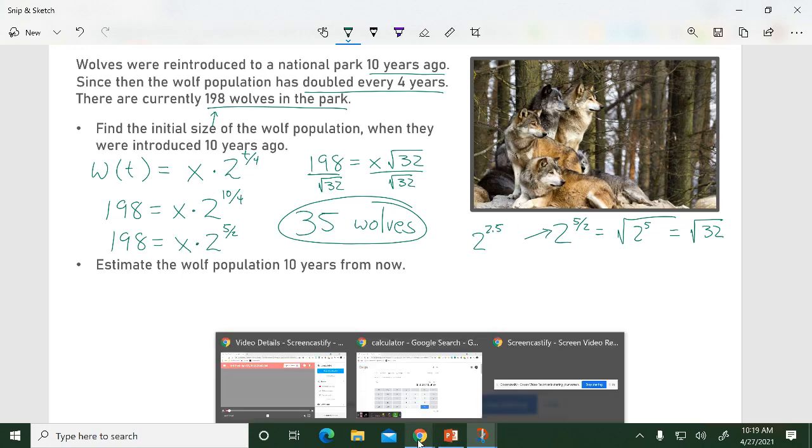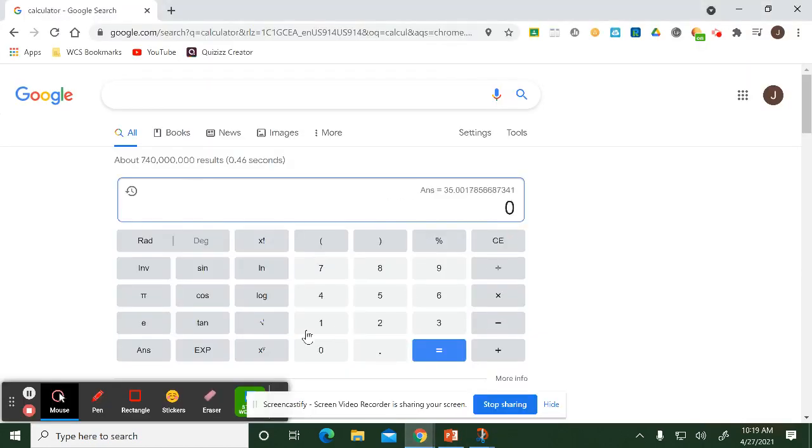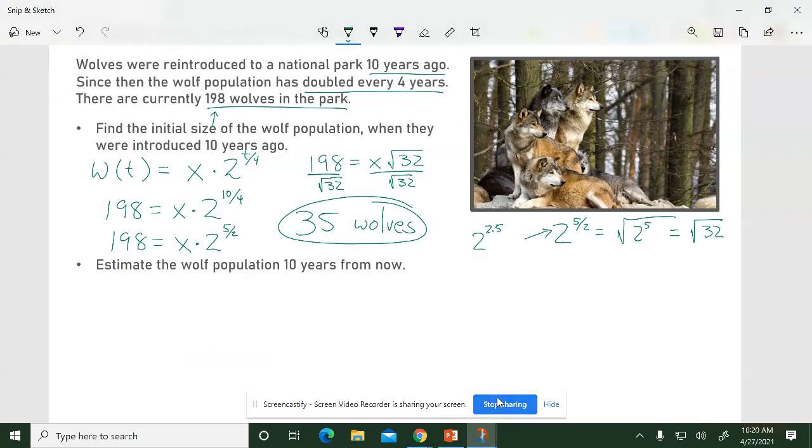So let's just verify that that works. So we've got 198 divided by, I'm going to put parentheses here, 2 to the 2.5 power. And when we do that, again, we get almost exactly 35. So that checks out. So 2 ways you could look at that exponent.